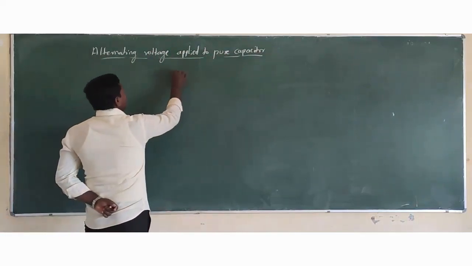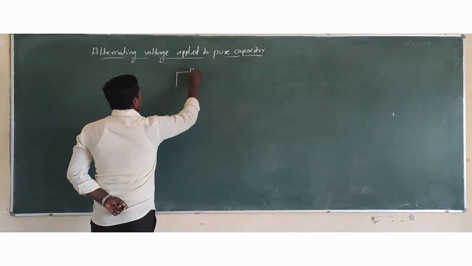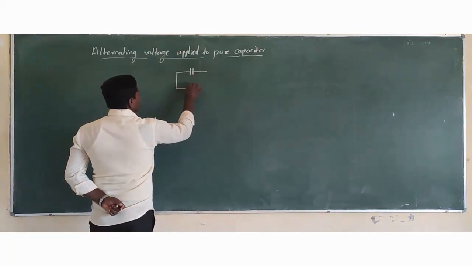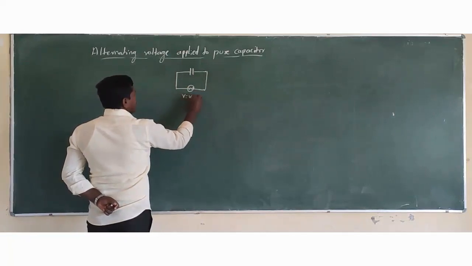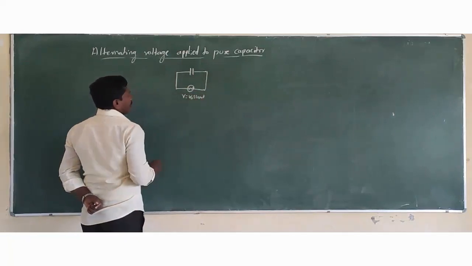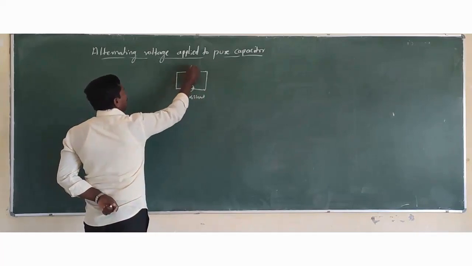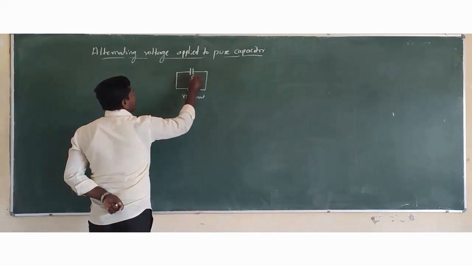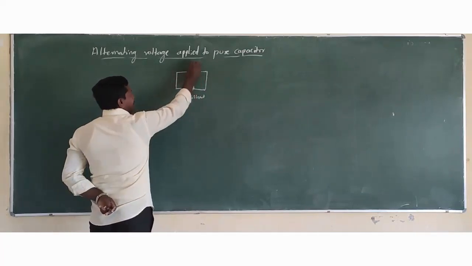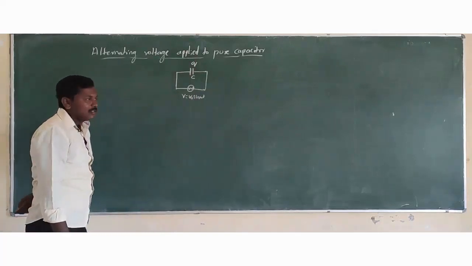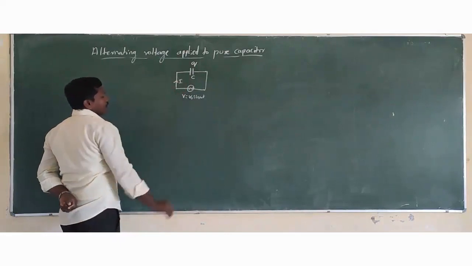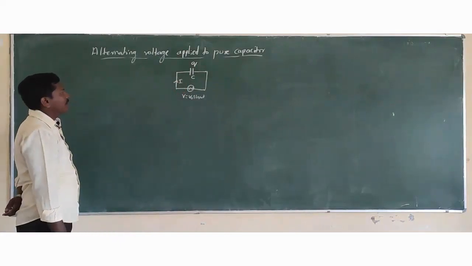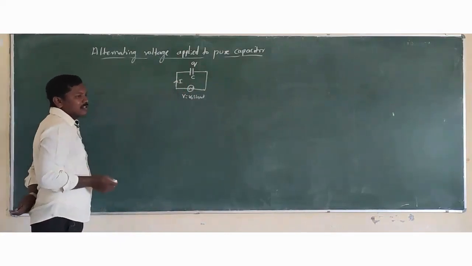So let us consider a capacitor which is connected to an AC source. V is equal to V naught sine omega t, the voltage of the AC source, and the capacitance of the capacitor can be represented by C, and the charge of the capacitor can be represented by Q. When the current passes through that capacitor, what happens, we'll discuss now.